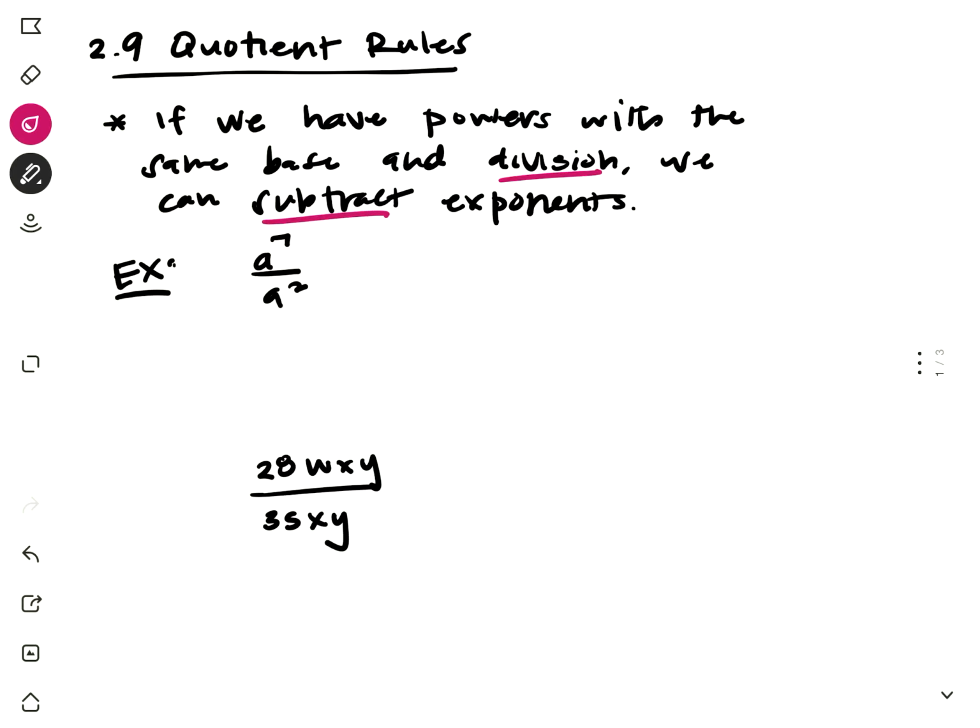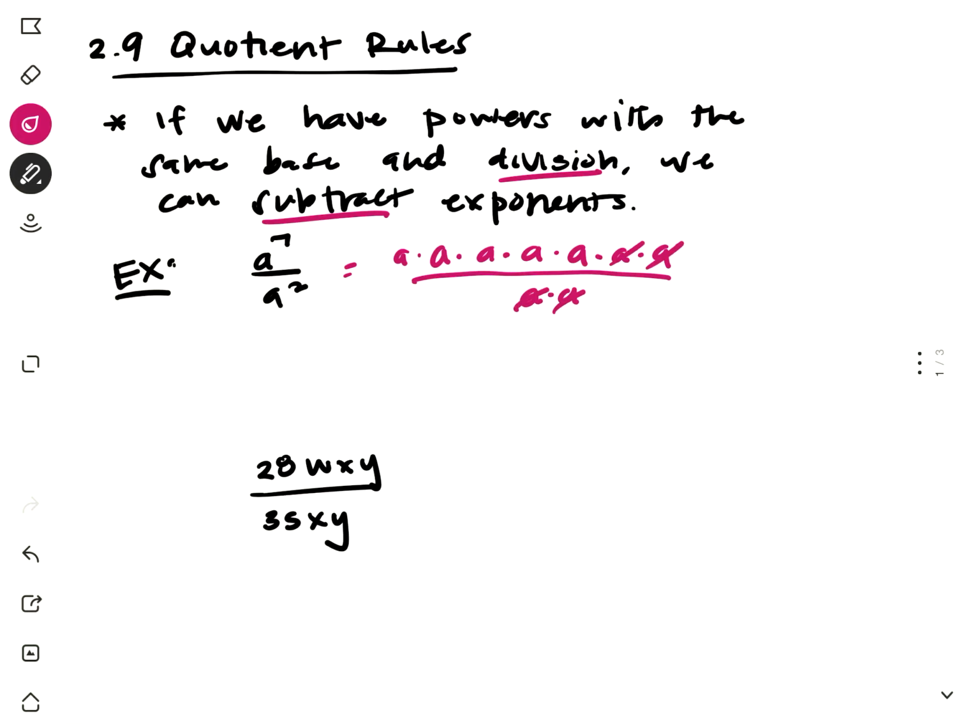Alright, so let's look at how we did it last time, why this works out. So a to the 7th is a times itself 7 times: 1, 2, 3, 4, 5, 6, 7. And then a squared is a times a. And as we know from elementary school, anything divided by itself is 1, so we can cancel out anything that matches on the top and the bottom.